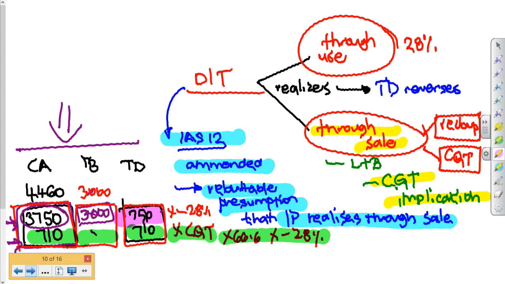Start with your amount that's in your financial position, and then split it into cost and above cost, so that you can get your split between what would be recoupment on sale and what would be capital gains on sale. The reason for that is because IAS 12 has that presumption that investment property realizes through sale.